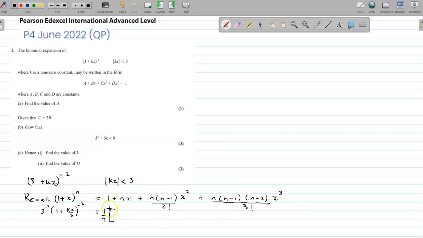So after we work out everything, we'll distribute. Here we would have 1 plus n, which represents minus 2, and x would be kx over 3.